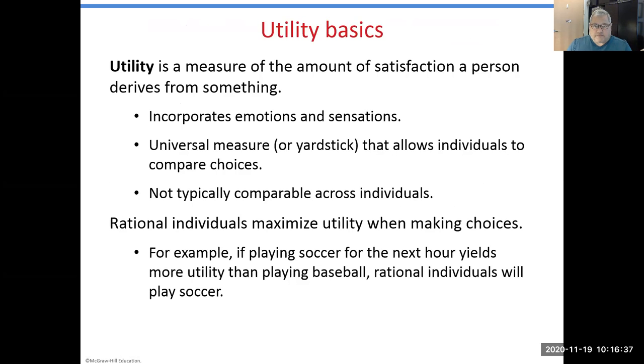It incorporates emotions, sensations, as well as comparative mechanisms that enable us to understand trade-offs based on opportunity costs. And it also enables us to rationalize decision-making and compromises made by consumers.